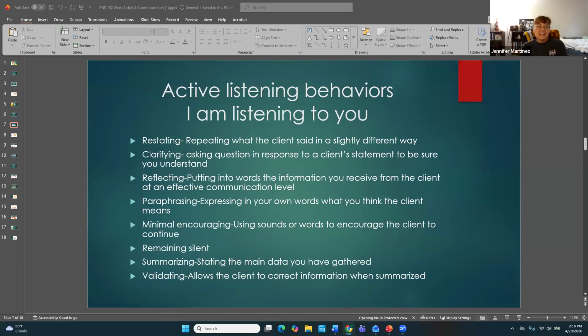Clarifying is asking questions in response to a client statement to be sure that you understood. And when we clarify, we want to use closed-ended questions. All right. So what's the difference between a closed-ended and an open-ended question? What's the difference? Closed is like yes or no. Open is like room for more discussion.